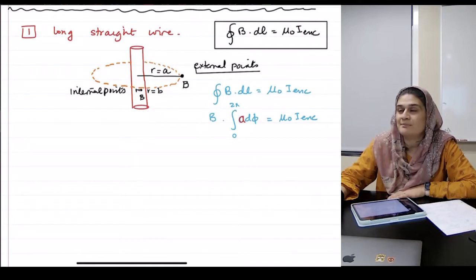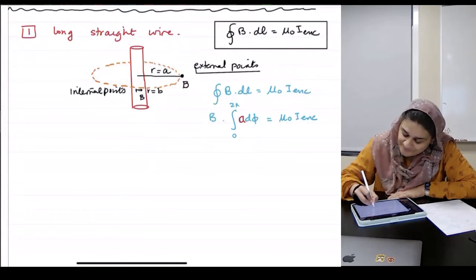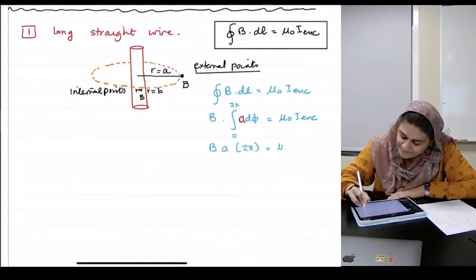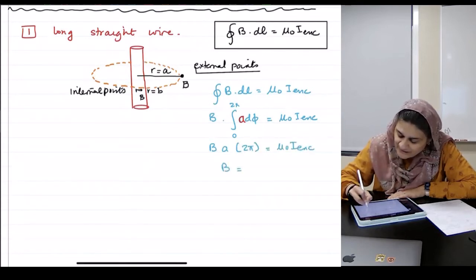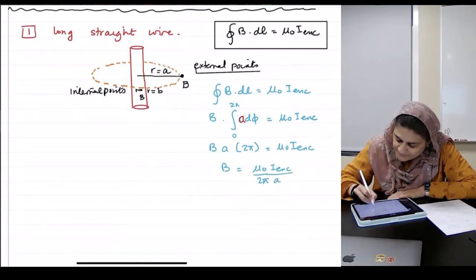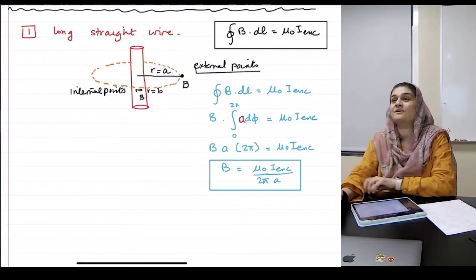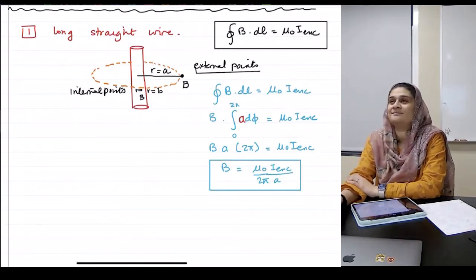Can it be taken out? Integration of d phi from 0 to 2 pi is 2 pi. Or B equals mu naught I enclosed over 2 pi A.